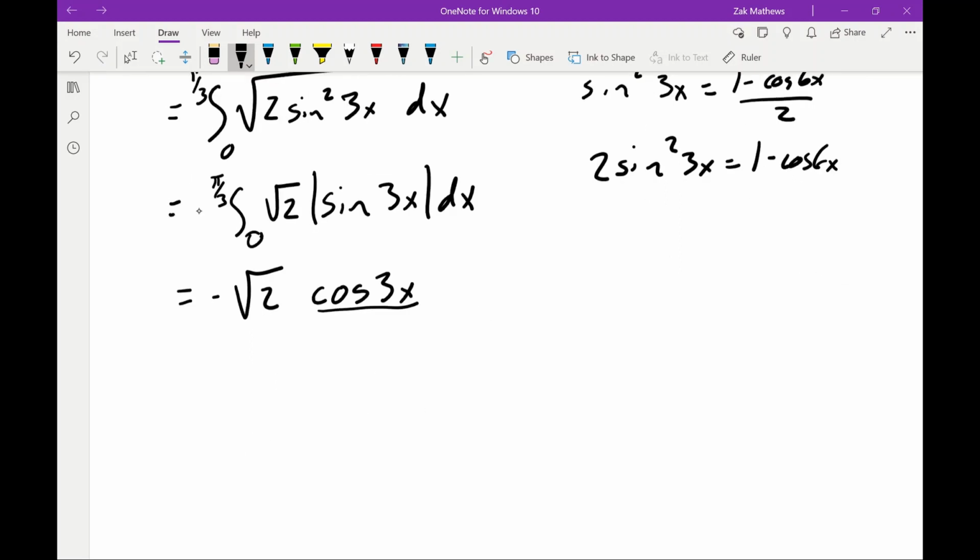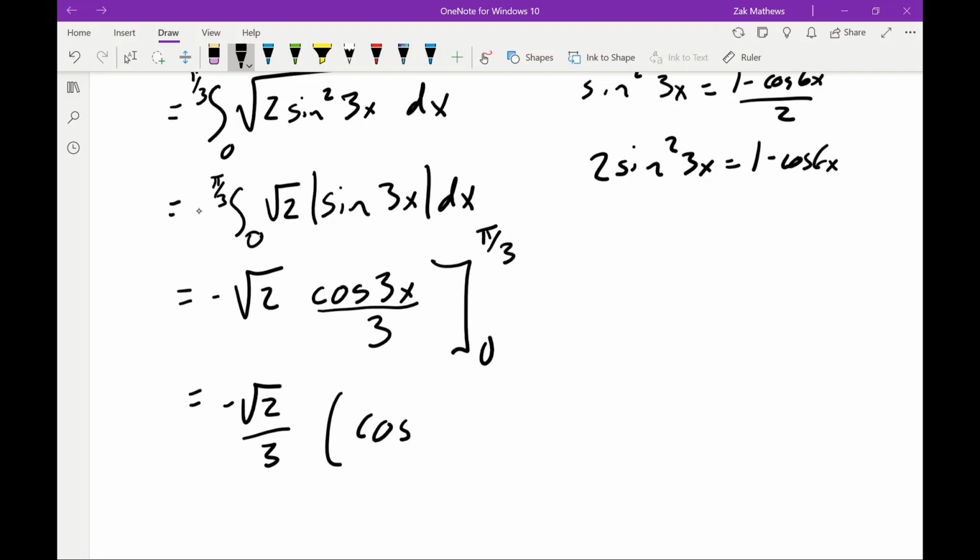We'd have to have that over 3 as well, because we do have that inner function of 3x we'd have to take the derivative of. Of course, we're evaluating this from 0 to pi over 3. So now we're just going to plug in, and I might go and pull that 3 to the front as well, just to make it easier for myself. So I'll have cosine of 3 times pi over 3 minus cosine of 3 times 0.